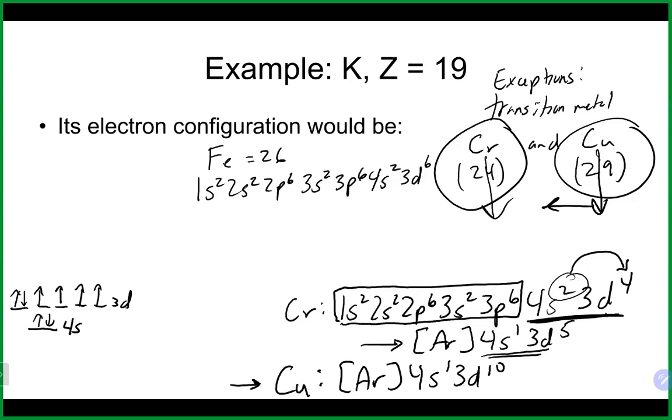What actually happens, which is kind of confusing for some people, is that electrons go into the lower energy 4s first, and then they'll go into the higher energy 3d next. But once you start putting electrons into the d orbitals, they actually switch in energy.